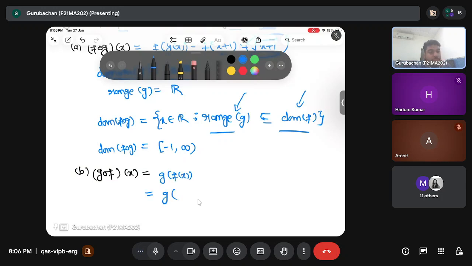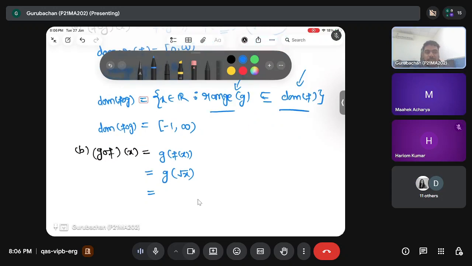Under root x. So g(x) is x plus 1, then g of under root x will be root x plus 1. What will be the domain? Correct?